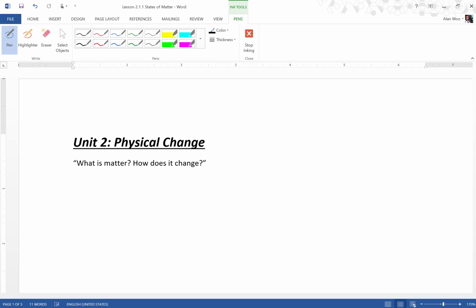So in terms of what this unit is all about, it's basically about matter. Now, you've probably been asked before in grade 8 or maybe even younger what matter actually is. And if you said matter is anything that's made up of atoms, then you're right. Essentially, everything that exists is made up of atoms.